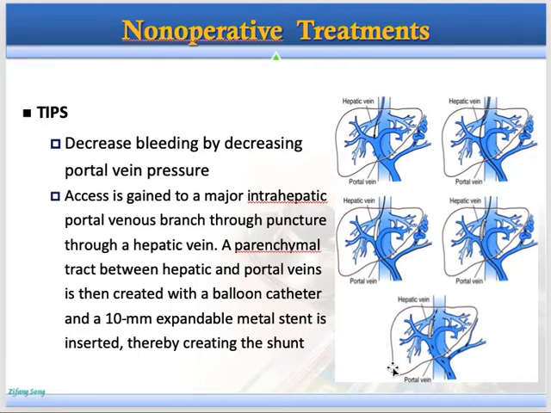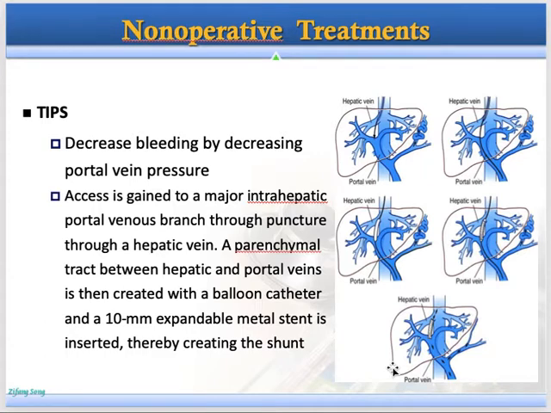This procedure is used in emergency management of variceal hemorrhage. Any patient who is bleeding and who is not responding to the endoscopic treatment as well as to the drug treatment, this shunt can be placed under local anesthesia, or under ultrasonographic guidance.